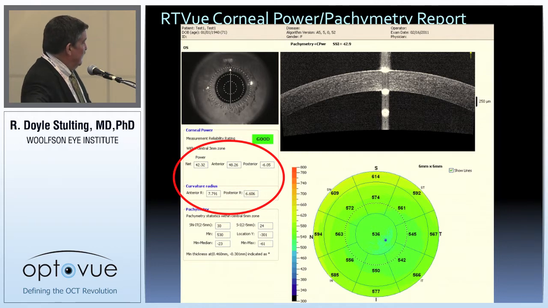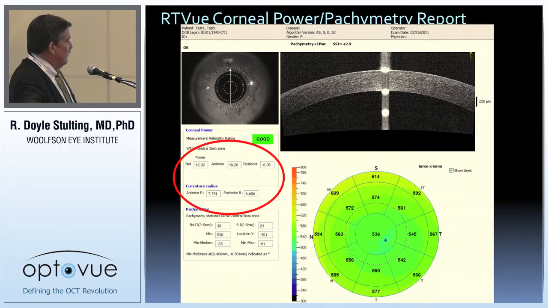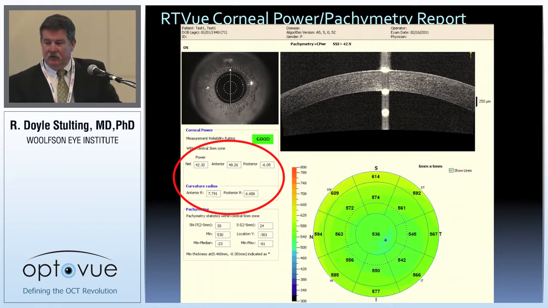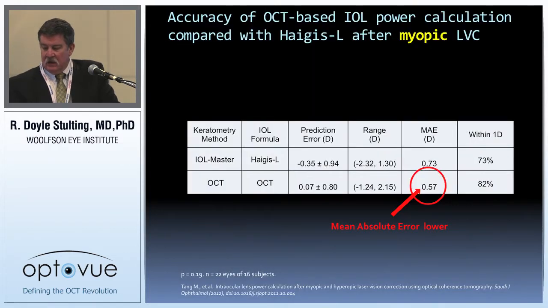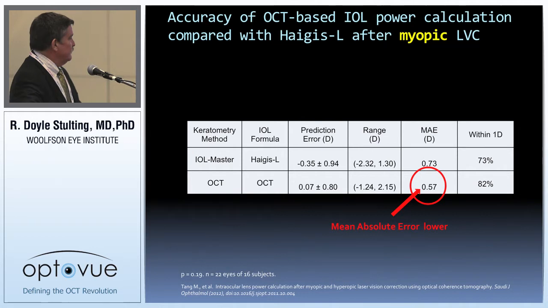So here's the pachymetry report, and here is the anterior and posterior corneal power within the central 3 millimeters. This paper by Tang is a very good illustration of the capabilities of the system.